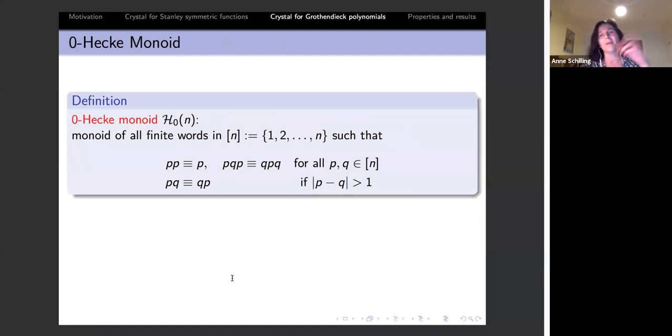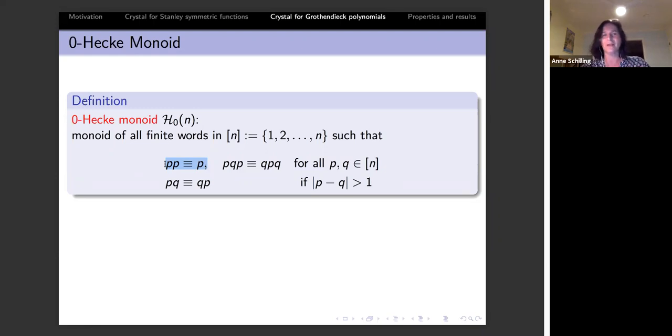Okay, and then last time I already introduced the zero Hecke monoid, which you can think of as very similar to the symmetric group. So the relations are basically the same, except that if you take a simple transposition S_i and square it, in the symmetric group you would get 1, the identity.